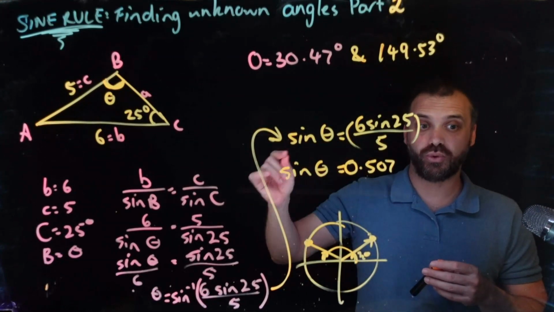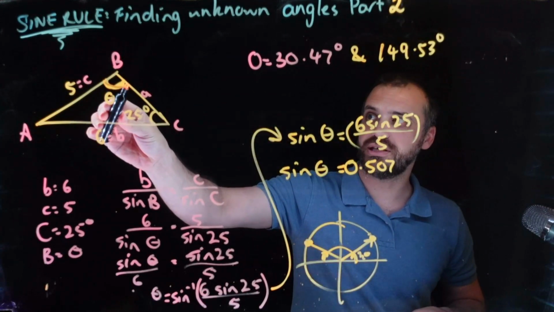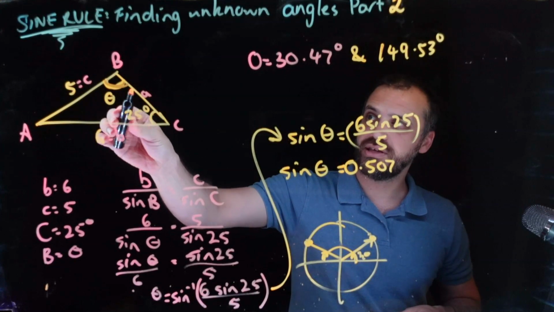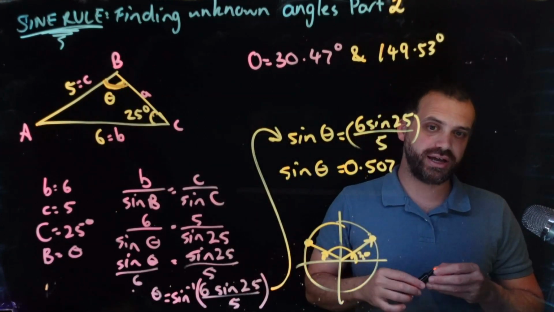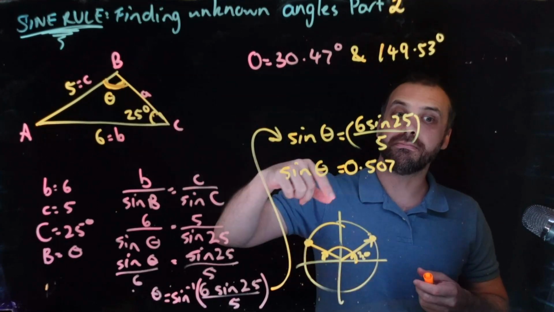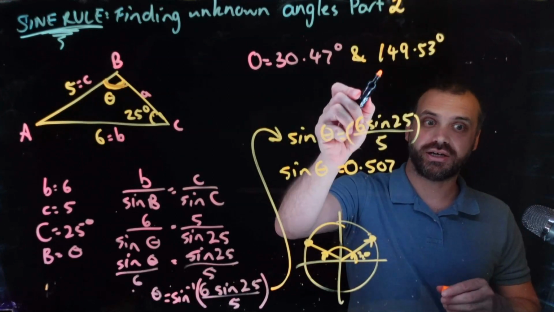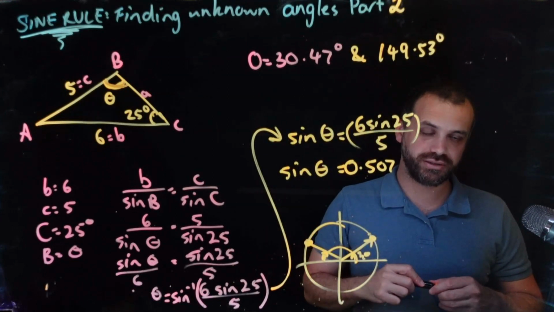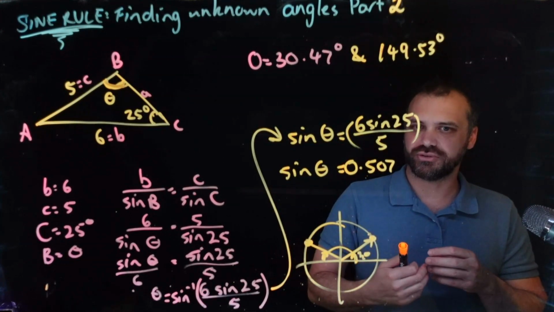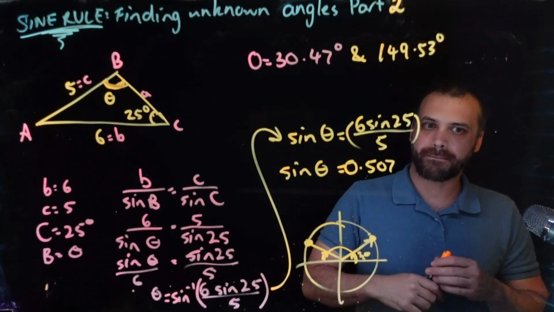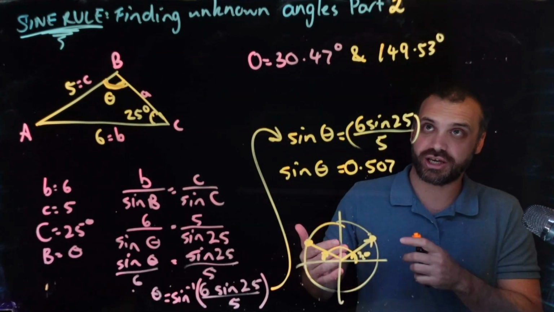If I put 149.53 into here, and then I add these two numbers up, is the answer less than 180? Because if the answer was more than 180, then we have to reject 149.53. So this is the tricky part of the sine rule. When you're finding unknown angles, potentially there's two answers, but not always. You've got to check.